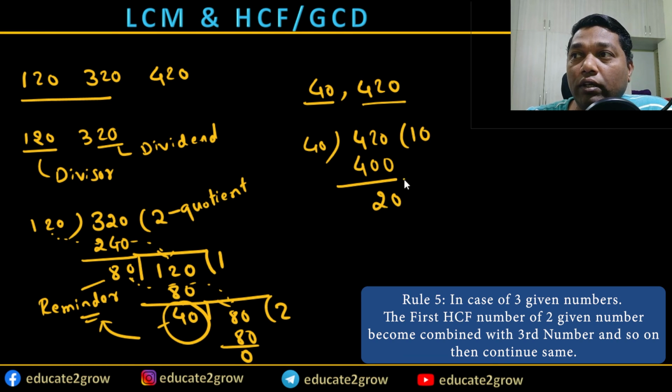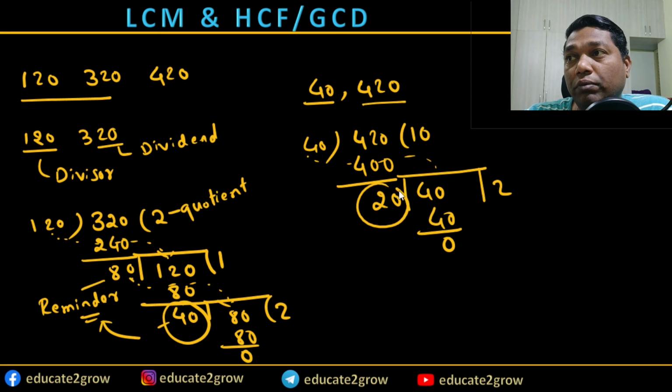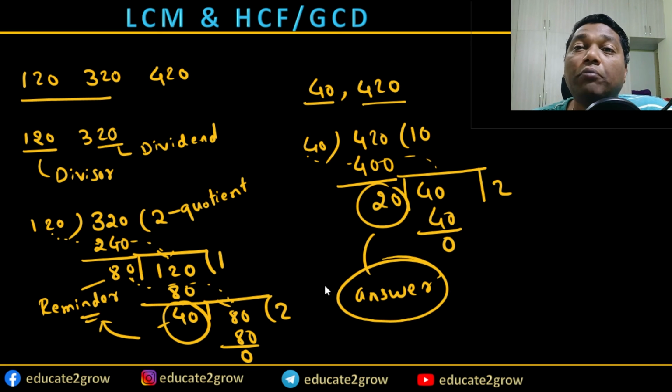This remainder becomes the divisor, and once again this 40 will be here. Do the calculation once again, 20 into 2 is 40. So here you see 20 is the number which made the combination of numbers into 0 till the last position. So this becomes the answer here.